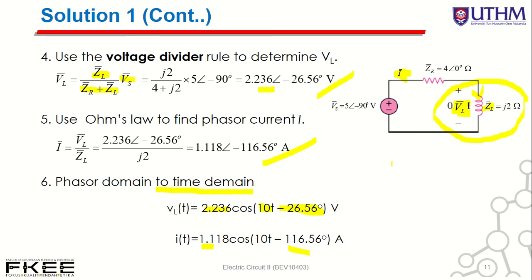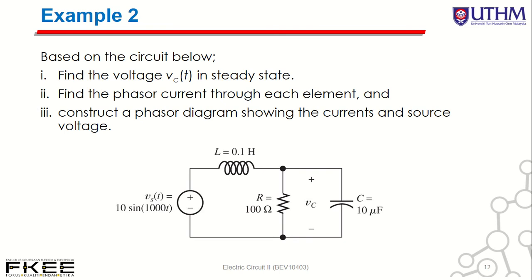Next, look at example number 2. Based on the circuit below, find the voltage vC(t) in steady state. The question asks you to determine the voltage across this C. Number 2, find the phasor current through each element.